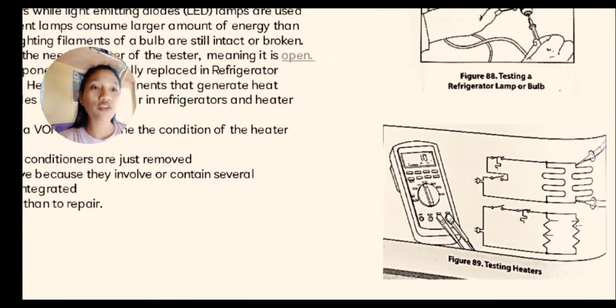This is figure 89, testing heater. As you can see in figure 89, the heater is a kind of electronic material that is usually used to test whether the refrigerator functions properly or not.